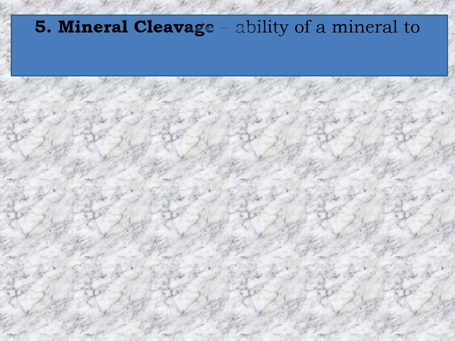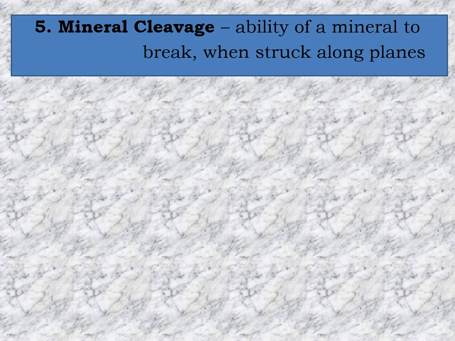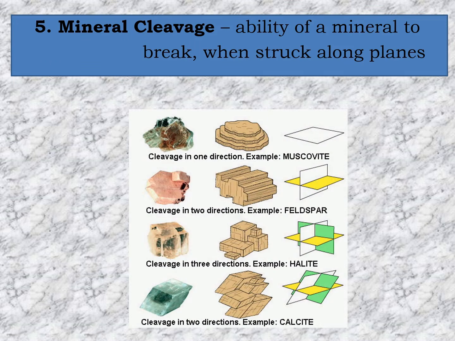Number 5 is the mineral cleavage. It is the ability of a mineral to break when struck along a plane. We have here different samples of minerals with numbers of cleavage. Cleavage in one direction is an example of muscovite.